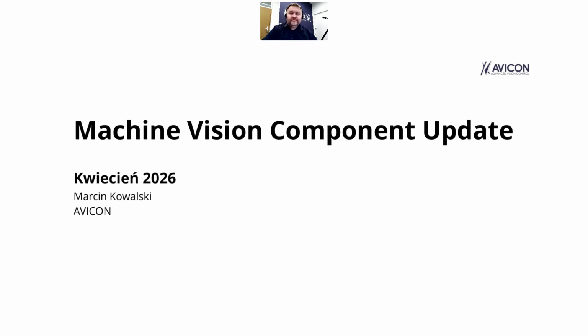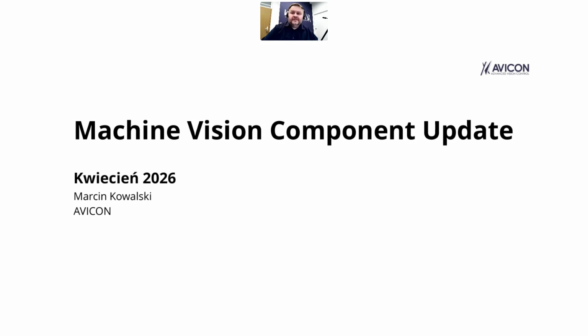In case you missed the previous webinar, please write us in the chat, and we'll be able to provide you a YouTube link to watch the previous event. Today's event is a little bit different. We would like to present a current update on machine vision components.